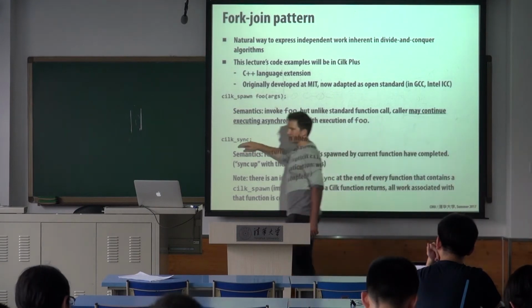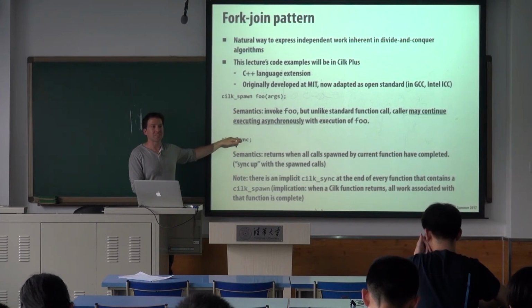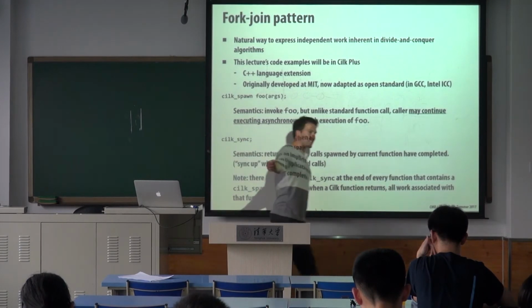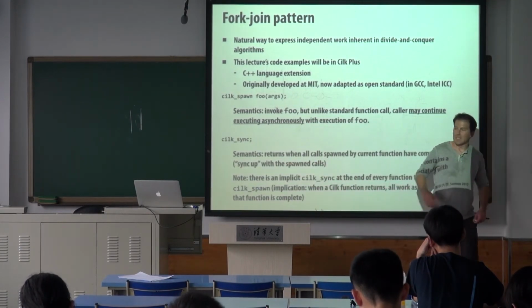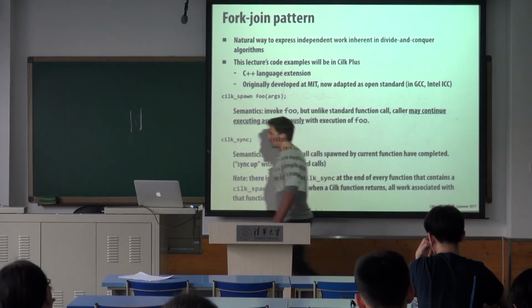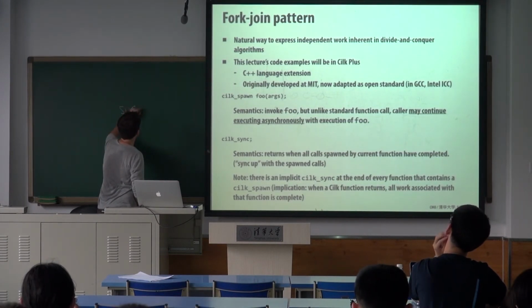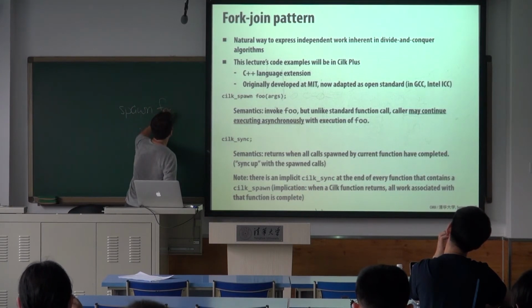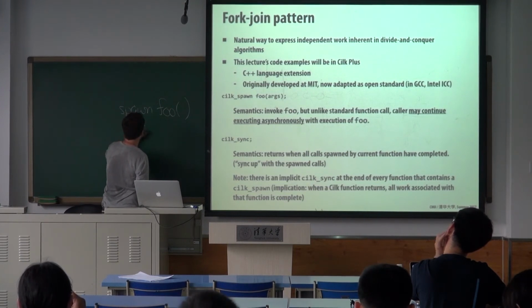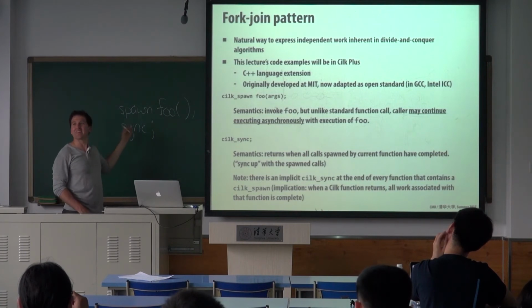There's one other thing called sync. You can think of sync like join. Sync says if I have spawn foo, and later on I say sync, I just wait for foo to finish. So if I wrote spawn foo followed by sync, that would be just like a regular function call, right?